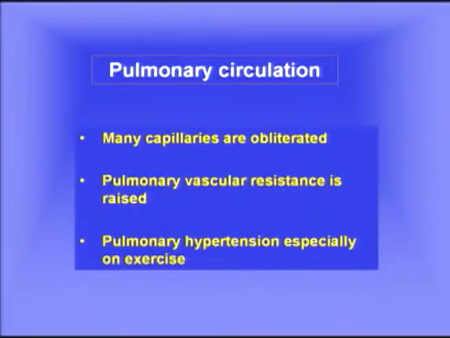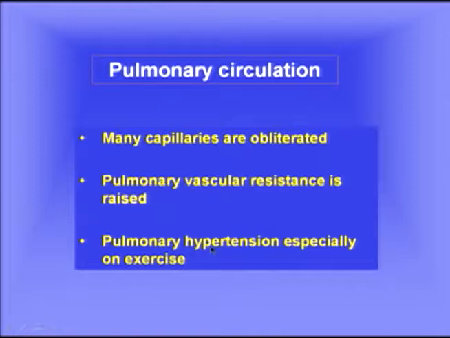Let's look at the pulmonary circulation, which is quite abnormal in these patients. One reason is that the capillaries are obliterated. We saw that earlier on. The pulmonary vascular resistance, therefore, will be raised because you've lost a lot of the conduits. The capillaries are just destroyed.